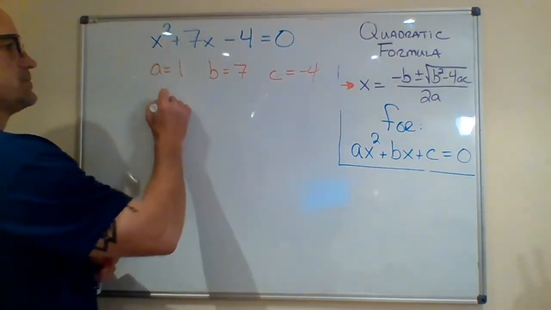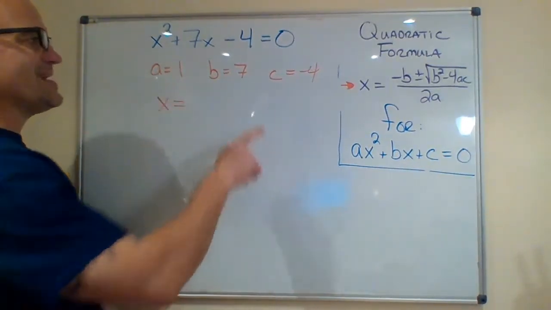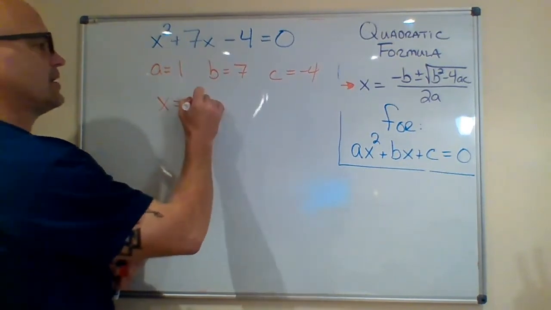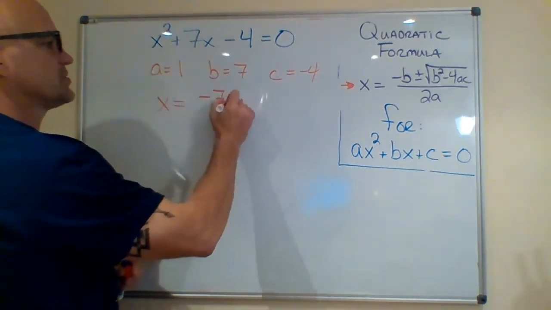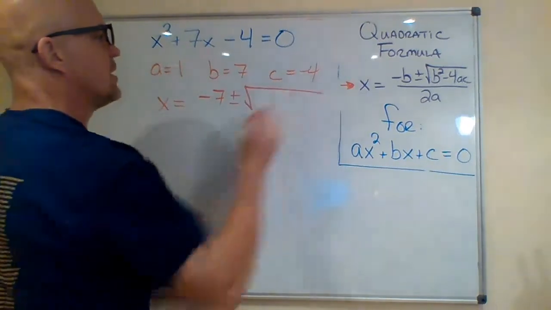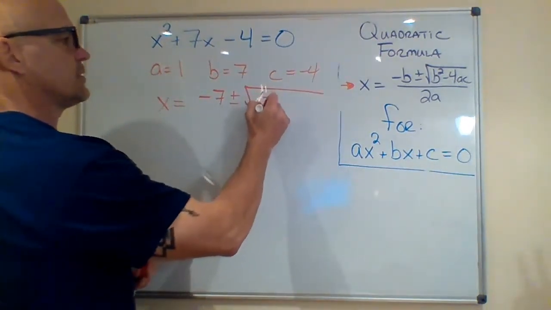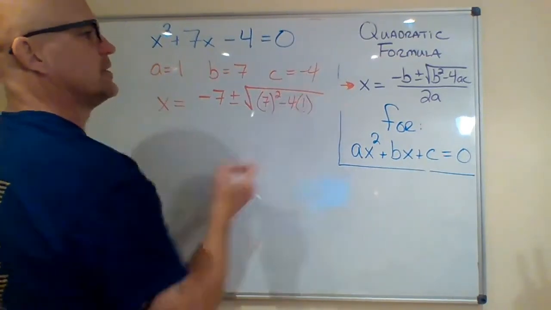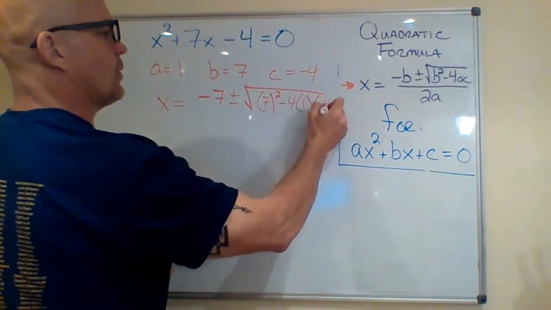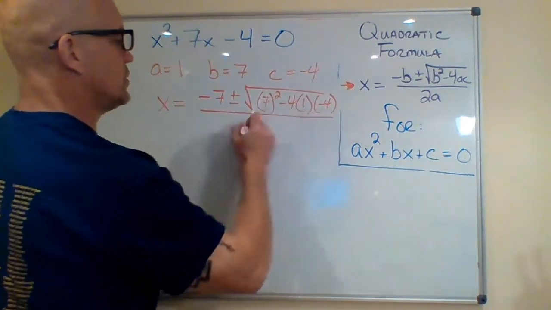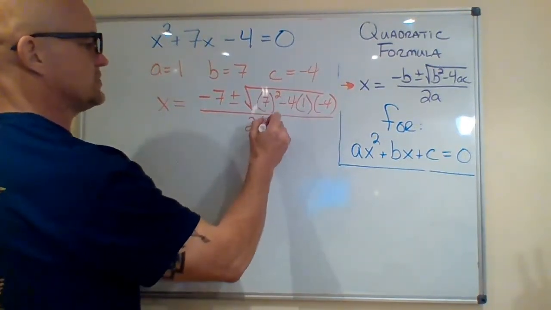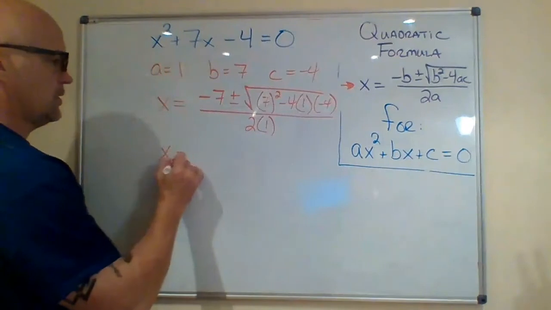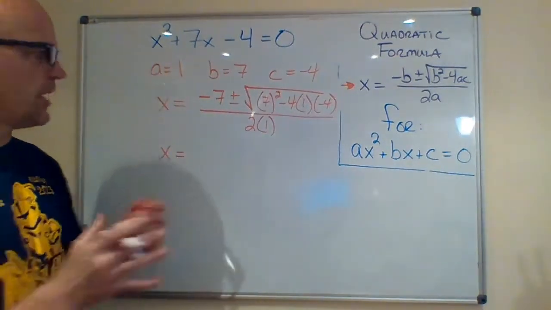So x equals the opposite of b, since b is 7, will now be -7, plus or minus the square root of b squared, which is 7 squared, minus 4 times a, which is 1, times c, which is -4. And that's all over 2 times a, which is 2 times 1. That's it. All I did was put everything in there.